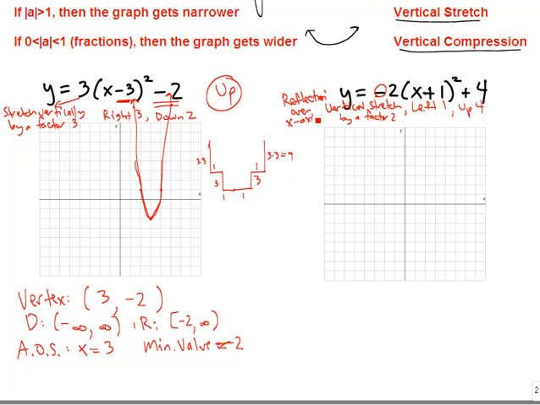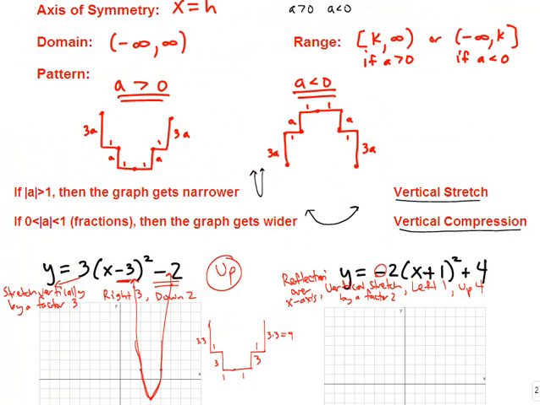So in terms of our pattern, that means that our leading A here is -2, a negative number. So instead of a parabola that's pointing up, like our last example, now we're going to have a parabola that's pointing down.